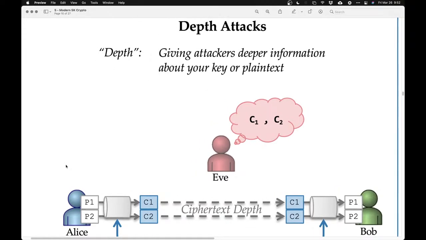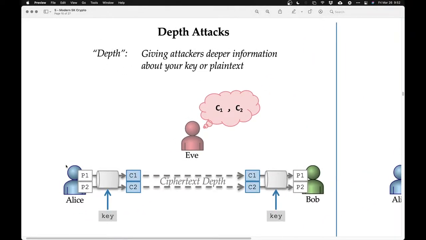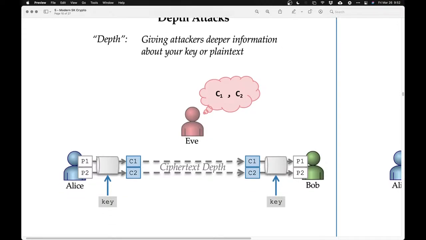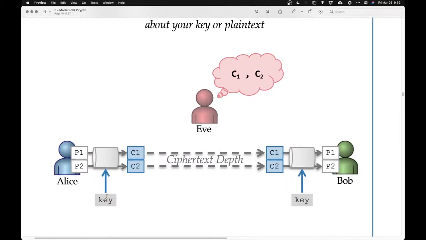The first attack we saw last week, we sometimes call these depth attacks, where you have more information than the person encrypting wanted you to have. An example of the depth attack is, for example, when you reuse a key for two separate plain texts, then Eve, in the middle of the communication, can use your encrypted information to derive information about the plain texts. Okay?